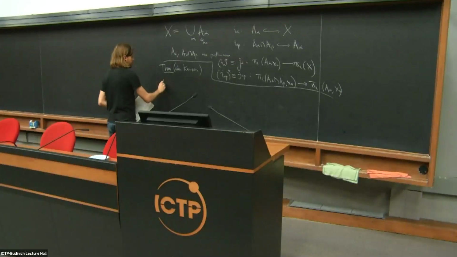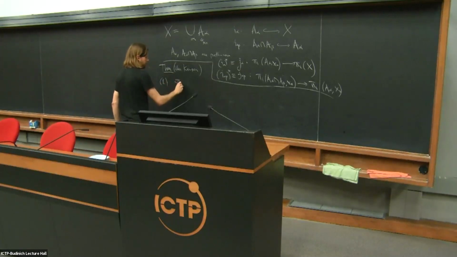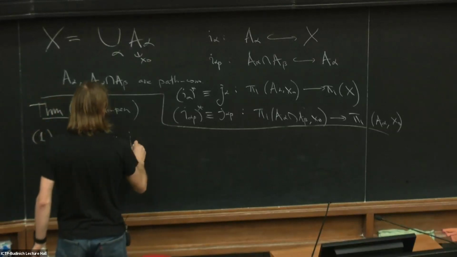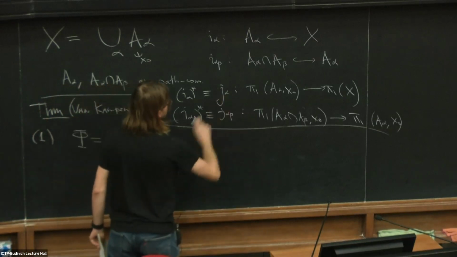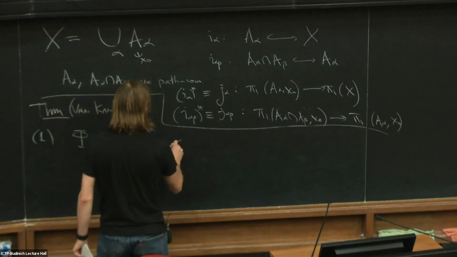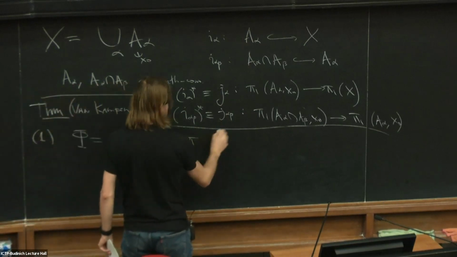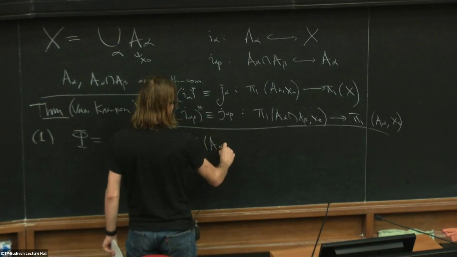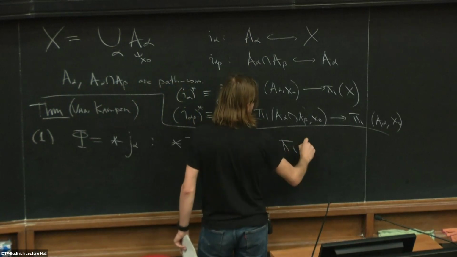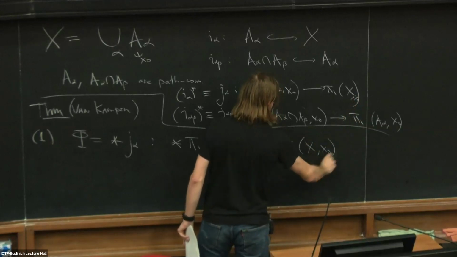The first part is that if you consider phi to be a map, which is a free product of homomorphisms J alpha, so by definition of the free product of homomorphisms, this will be a map from the free product of pi1 of A alphas to pi1 of X. Here again, the base point is everywhere x0.